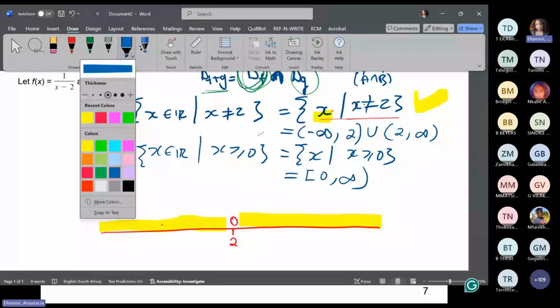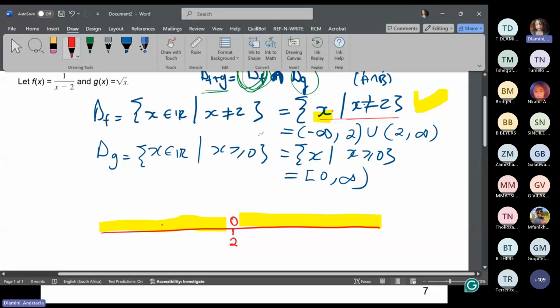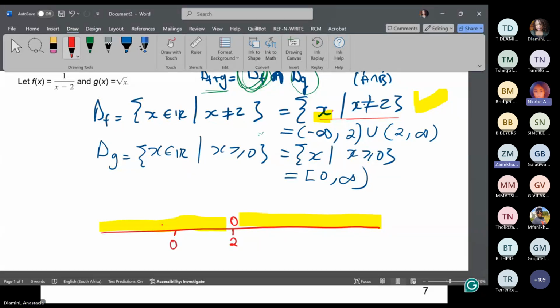Now, the second domain says greater than or equal to 0. Where is 0? Should I put 0 after 2 or before 2? Before 2. So I put 0 here. And then it says from 0 to where? To positive infinity.